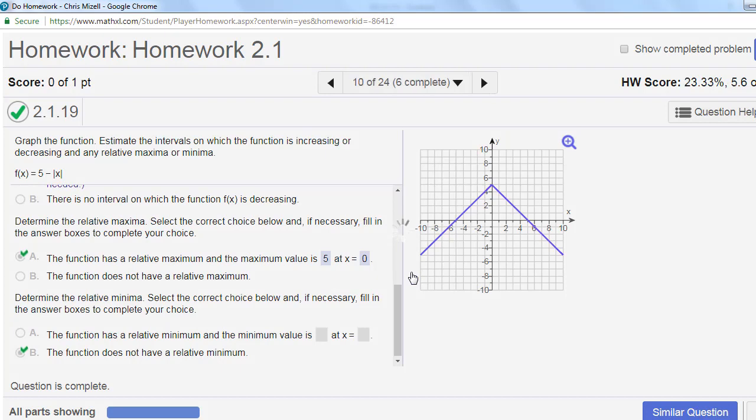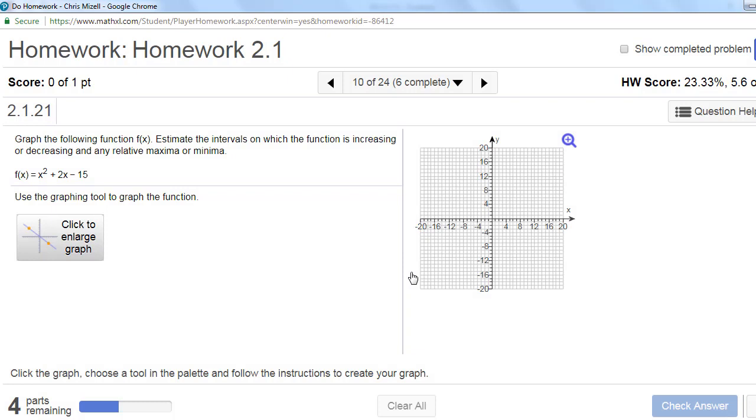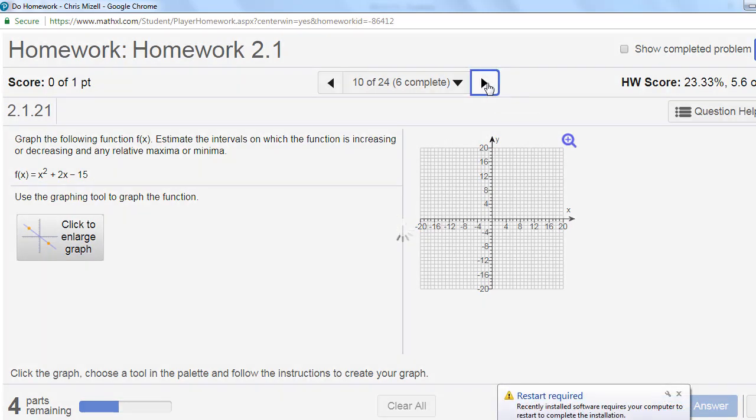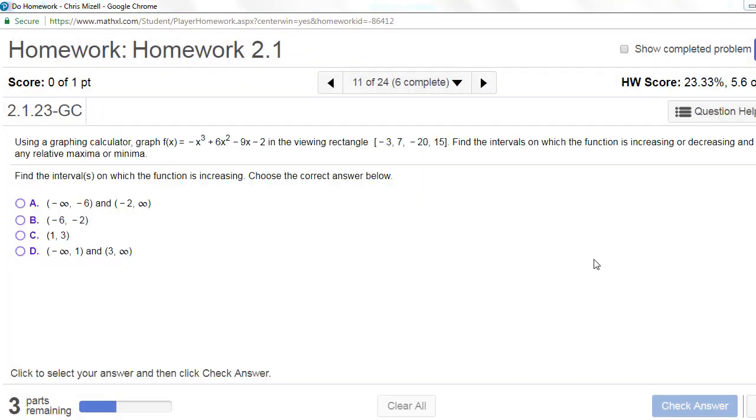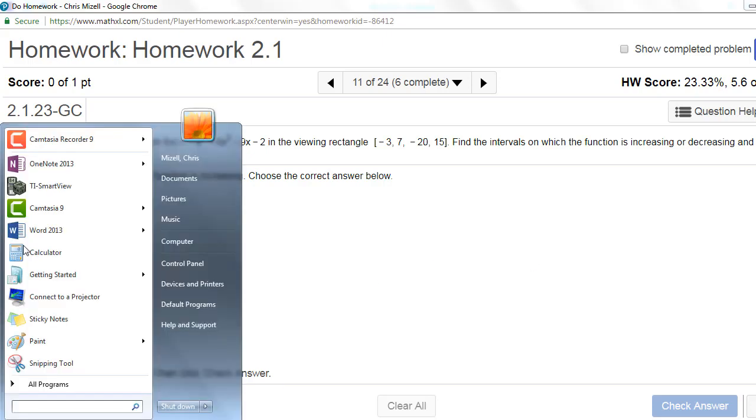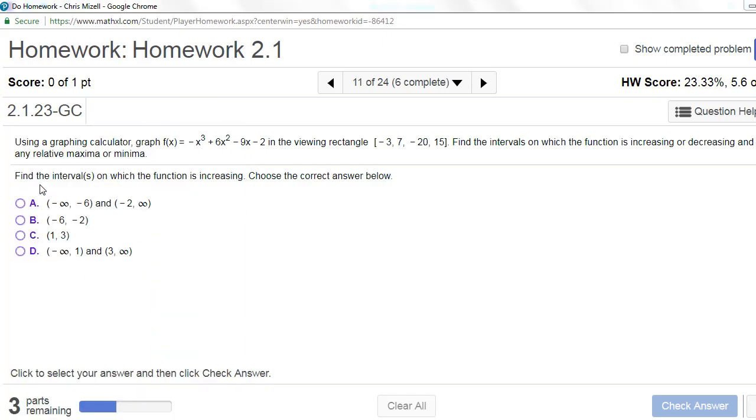All right, making some progress here. Problem 10. It's another parabola. I'll let you use the parabola graphing tool and do that one. Problem 11 is a third degree polynomial function. Let's see if we can get a decent graph of this one on the graphing calculator.